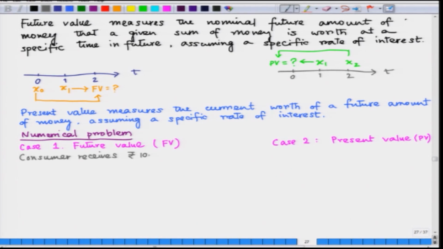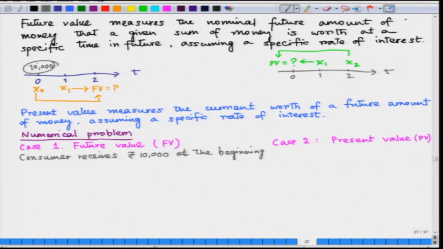So, now let us assume that a consumer receives rupees 10,000 at the time period 0, it means at the beginning of the story, and let us assume that there are 3 time periods. So, the consumer actually receives rupees 10,000, let me write this figure here.